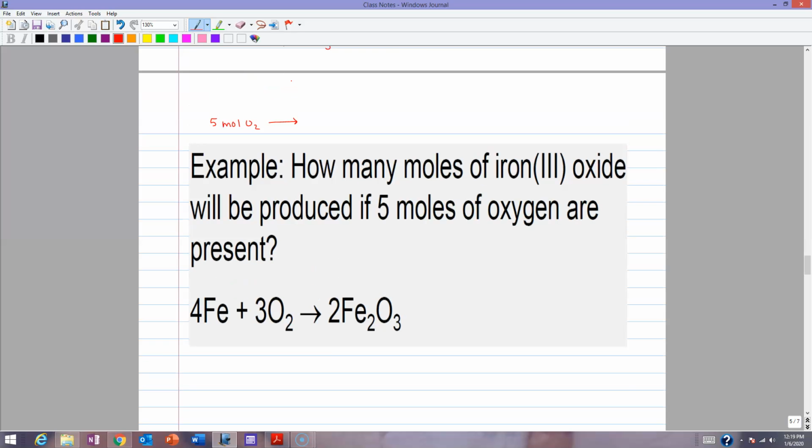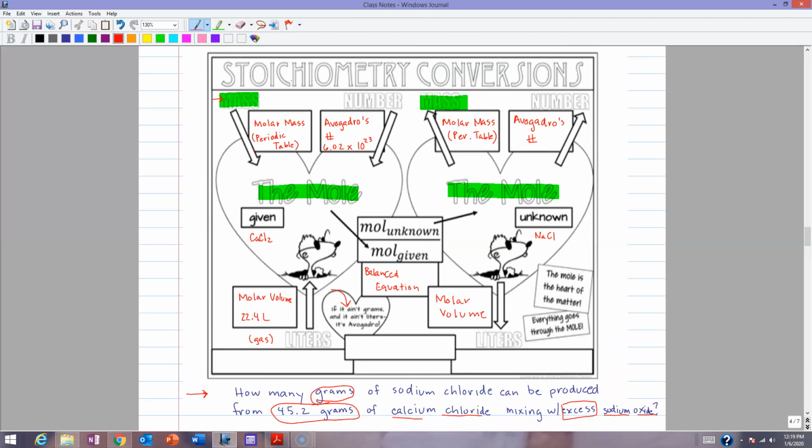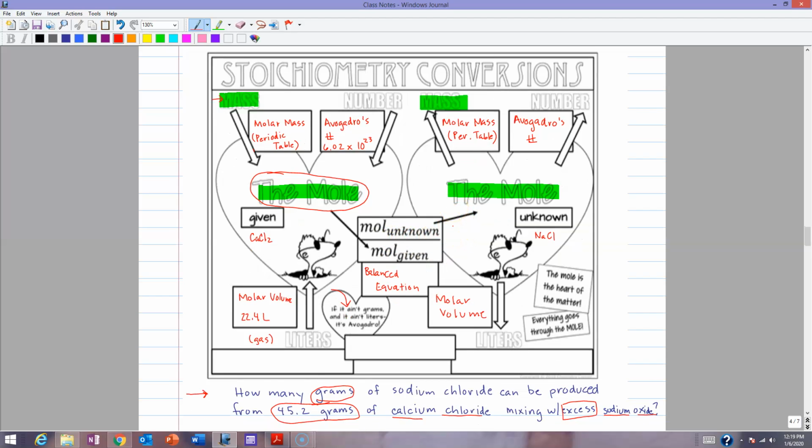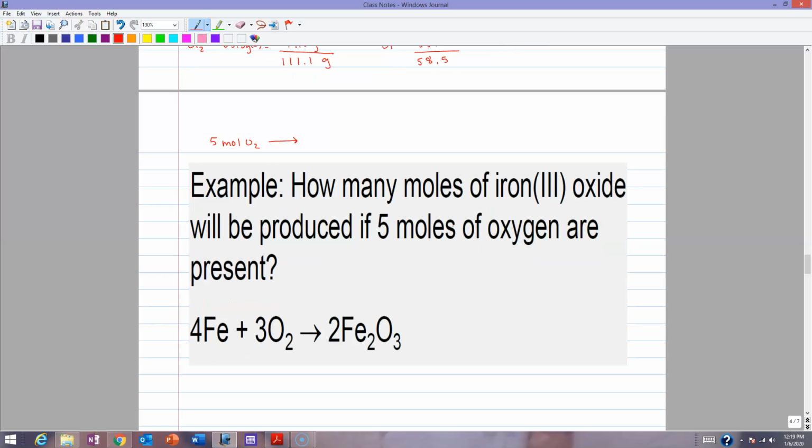Since I'm already in moles, I'm starting with moles of my given, so I don't have to do any of this pre-conversion. I can go directly to calculating the moles of my unknown. And my unknown in this problem is iron 3 oxide. So I can go to moles of iron 3 oxide.